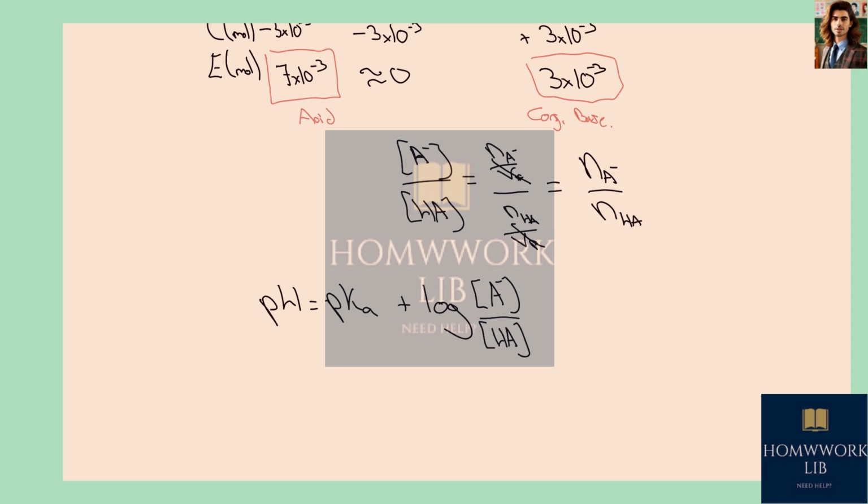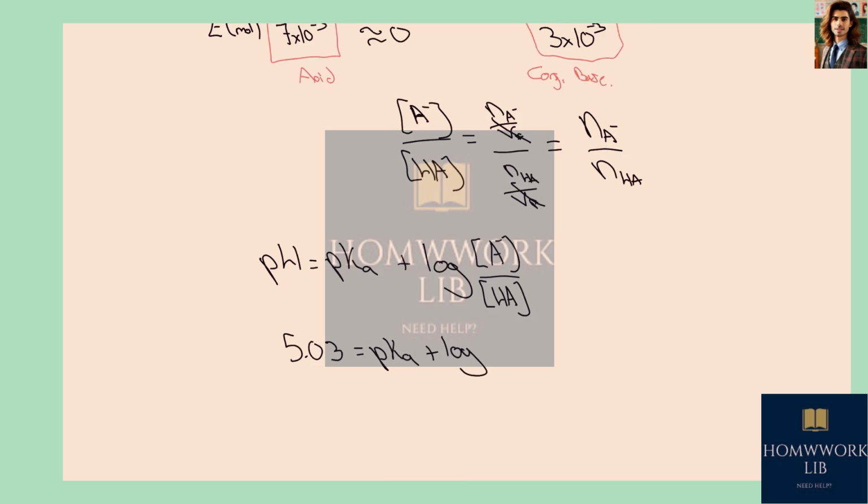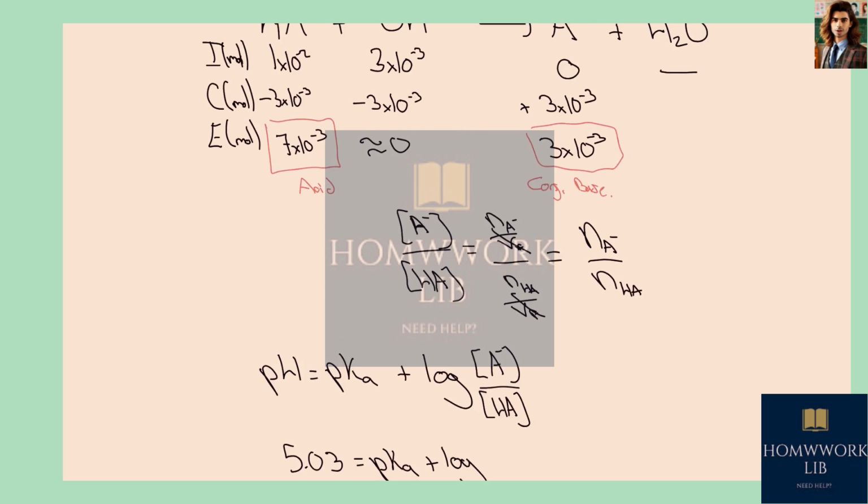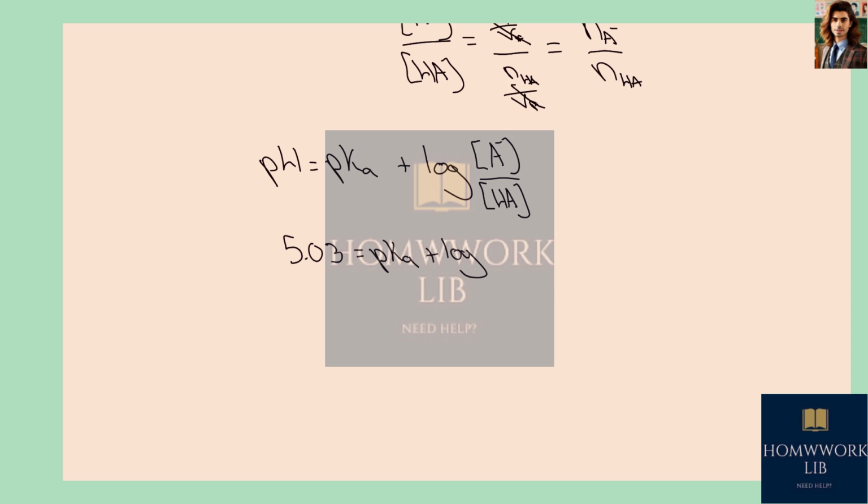We don't know what is the value for pKa, right? But we know the pH. The pH is going to be 5.03. This is going to be equal to pKa plus logarithm of concentration of A minus, 3 times 10 to the minus 3 divided by the final volume.